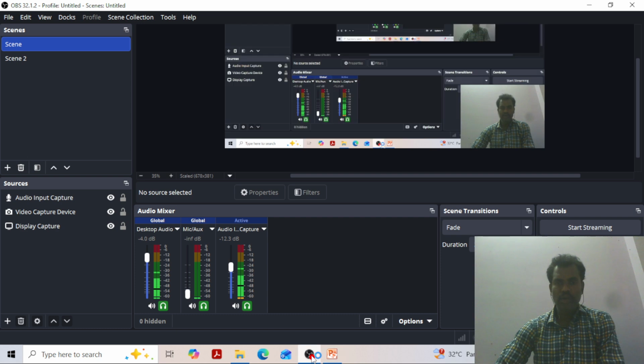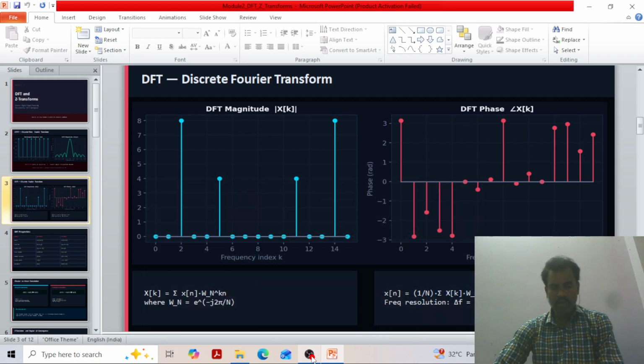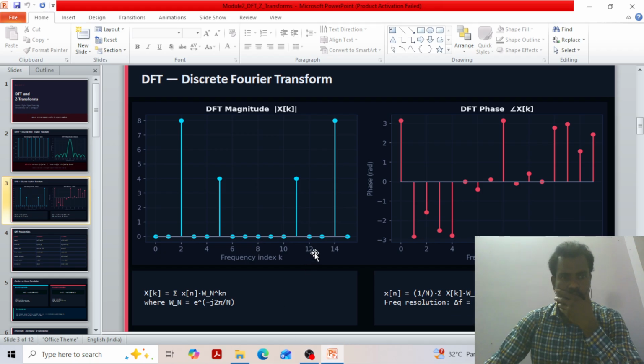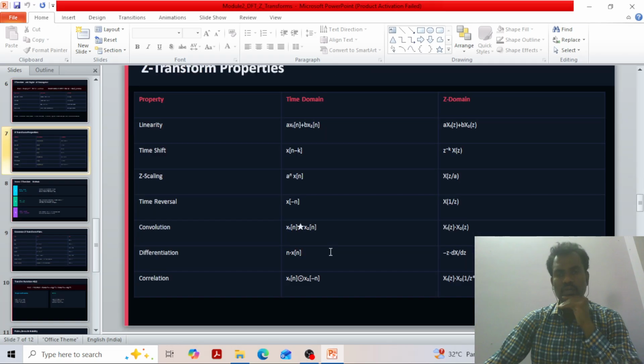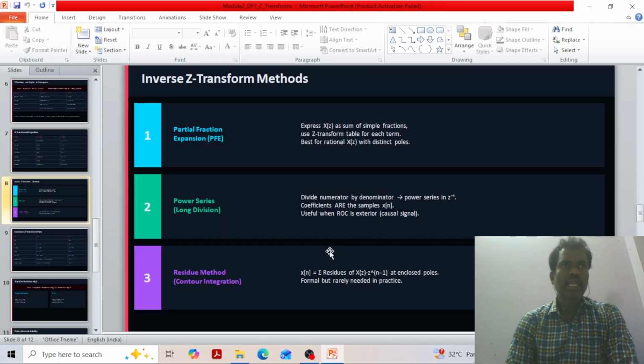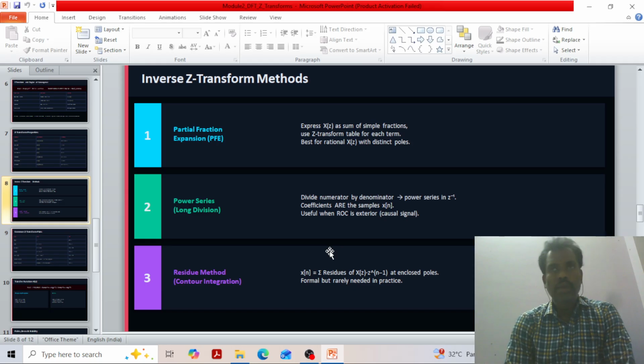We'll discuss in module 3 how to find DFT using the fast Fourier transform. It is very important, for example in MIMO and even in image processing, for two-dimensional signals also.